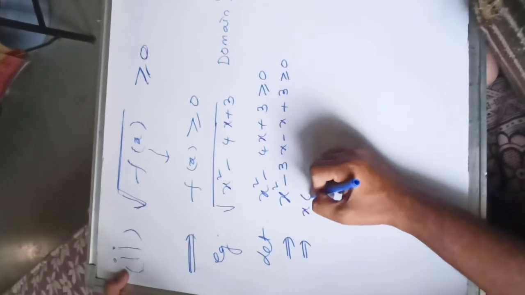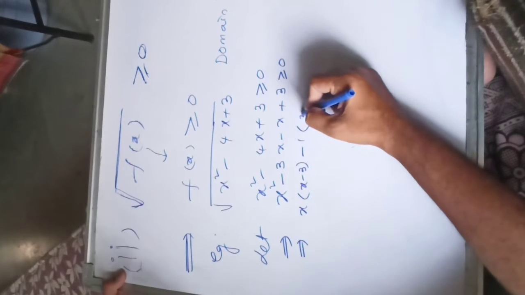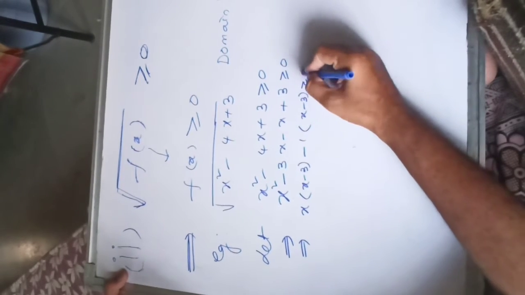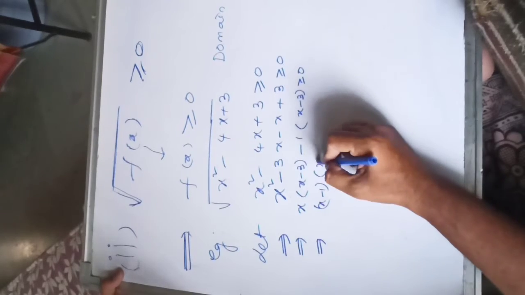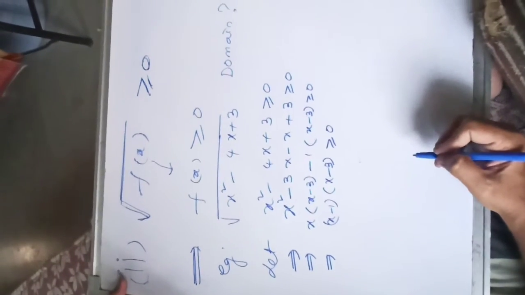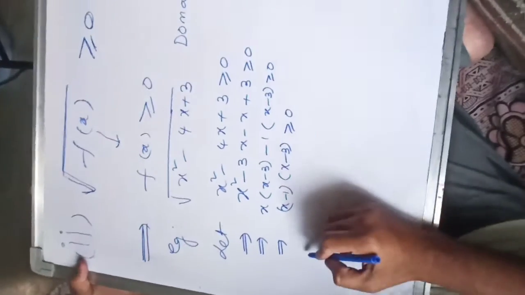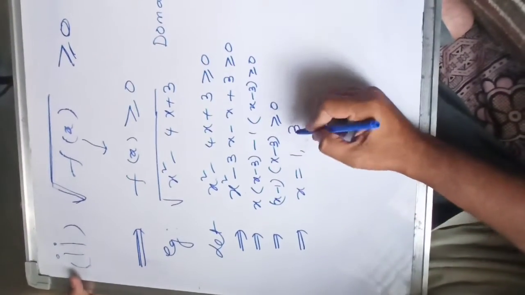So x common, x minus 3, minus 1 common, x minus 3 is greater than or equal to 0. That implies x minus 1 into x minus 3 is greater than or equal to 0. So the factors we got are x is equal to 1, 3.